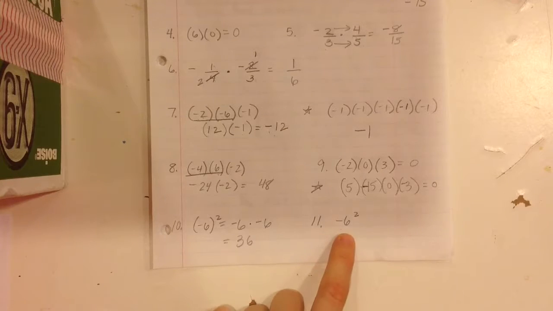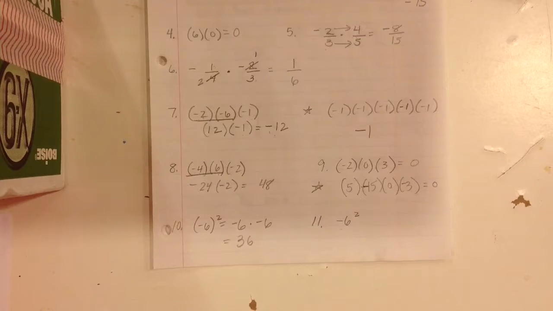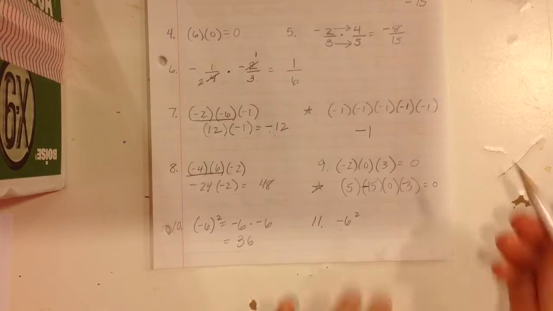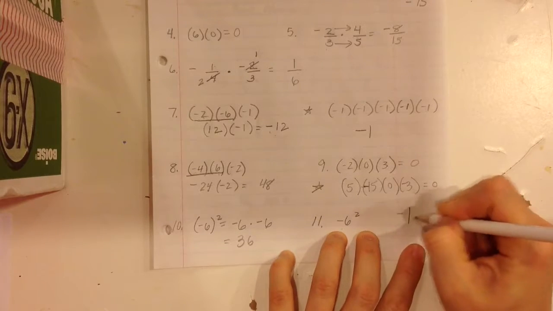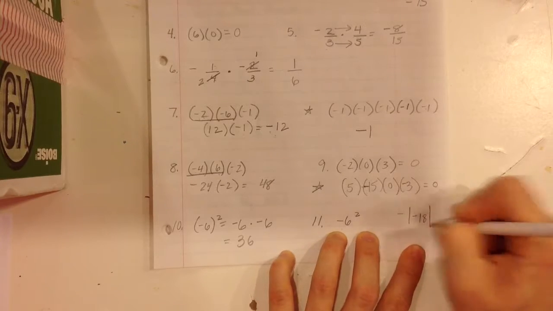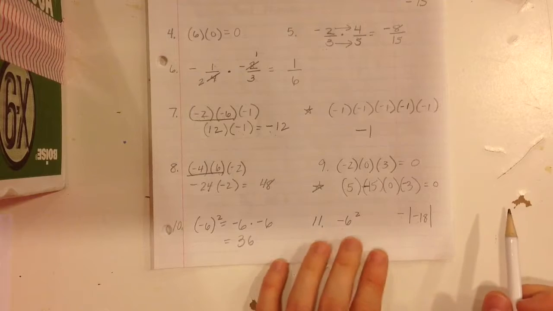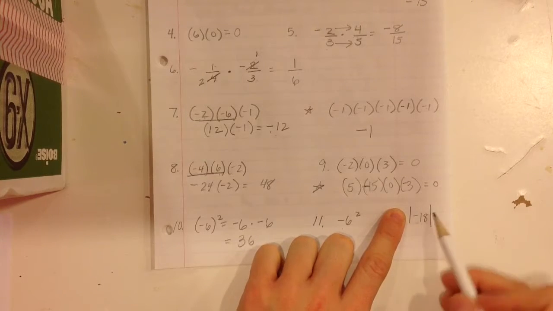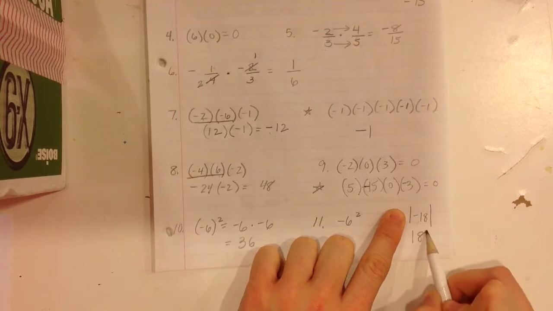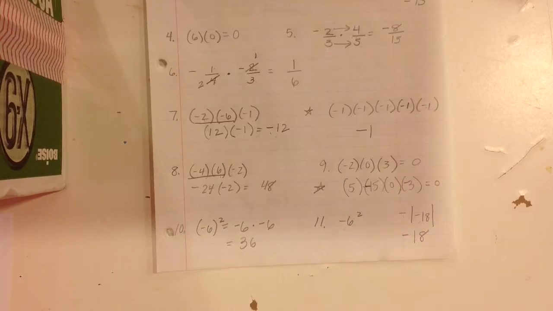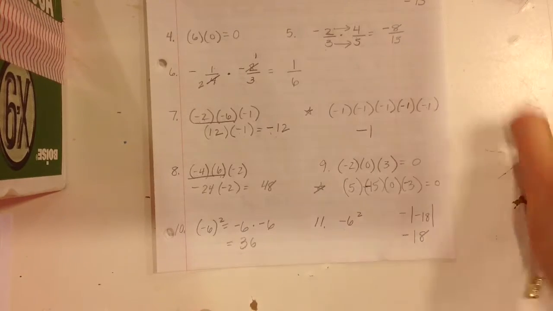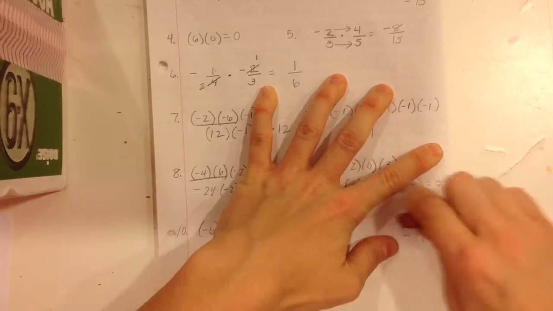Well, what's the difference between this one? Remember when we did absolute value and we said you have to work the absolute value first when we had that negative, I think it was negative, absolute value of -18. And I said we had to work the absolute value first before we dealt with that negative. So the absolute value of -18 was just positive 18, and then we brought that negative down. This is going to be the same type thing. So let me erase this.